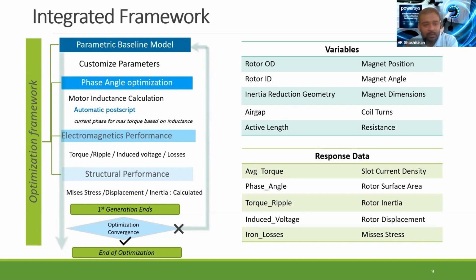So we wanted a single model, parametric inside the same software. We were able to do it with our own customization. I think there was a good session yesterday on how we can do it using scripts, and we utilized some of those options to create our own parametric model.